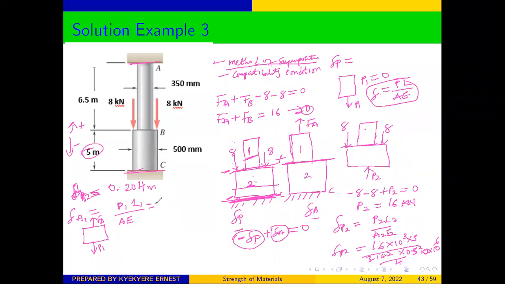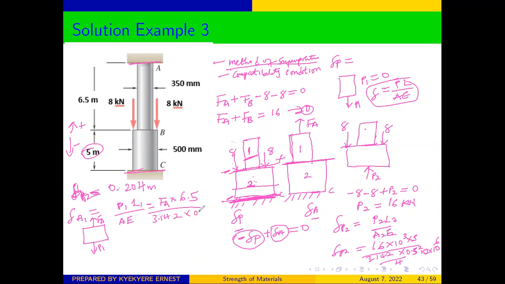So we have P1 is equal to FA. So we can replace P1 with FA. And the length of that section is 6.5, so 6.5 all over the area, which will be 3.142 times the diameter.